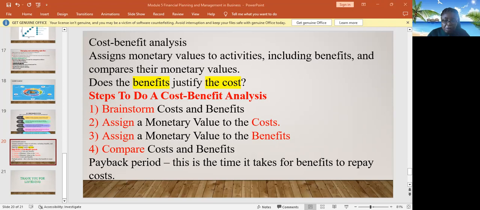You look at the indirect costs. How to identify costs and benefits. What are your indirect costs? You look at the indirect costs and benefits. There are some benefits that are not direct benefits. So in identifying costs and benefits, the first thing is indirect costs.